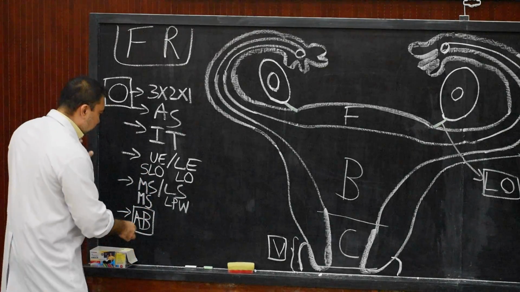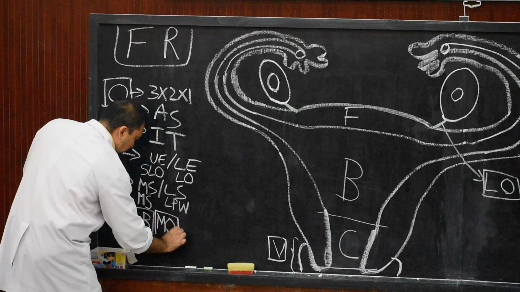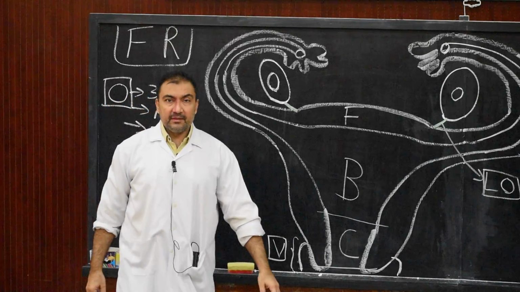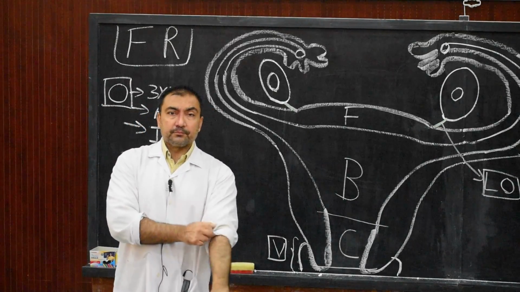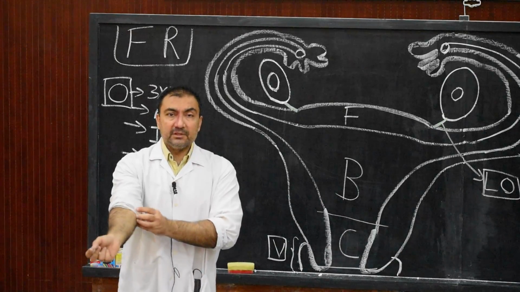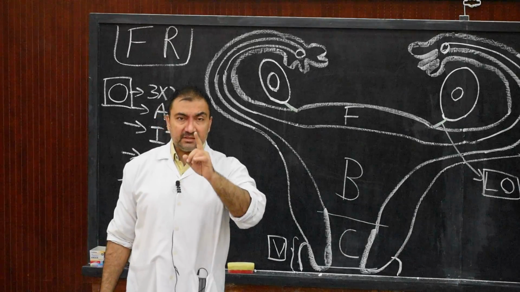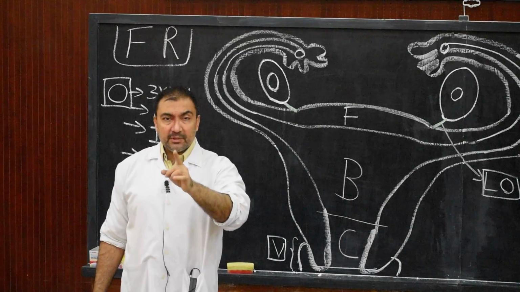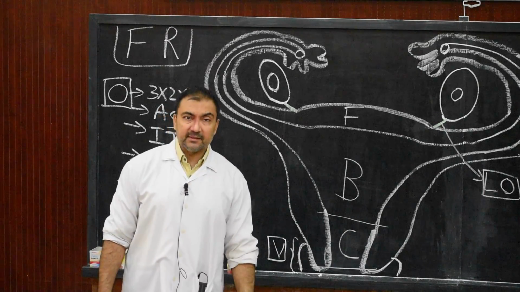And through this mesovarium, there will be transmission of various vessels into the hilum of the ovary. So the hilum of the ovary is on the anterior border, which is connected to the posterior part of the broad ligament through mesovarium, through which various vessels will transmit.